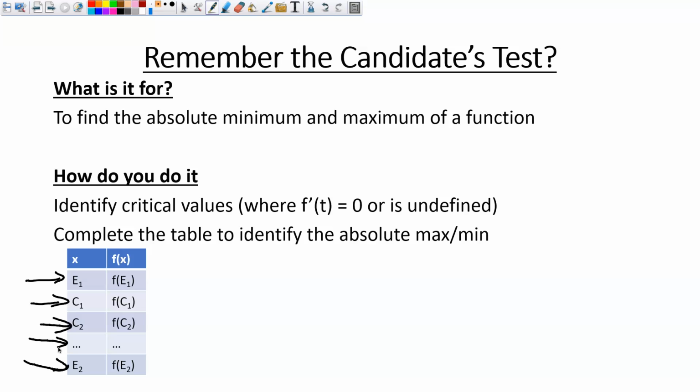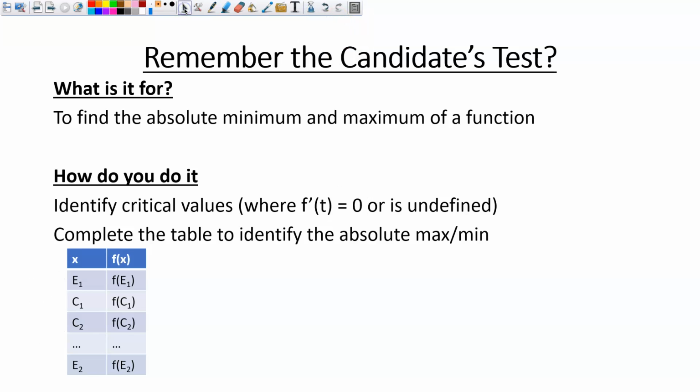Critical values are where the derivative is 0 or undefined. So you have to find where the derivative is 0 or undefined to find where the critical values are. Endpoints are usually just given to you.